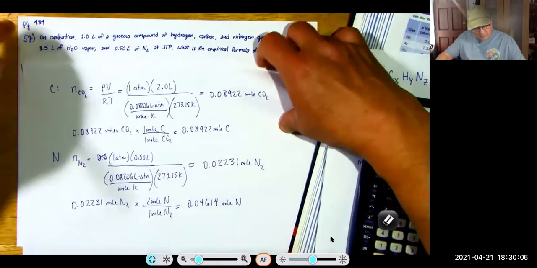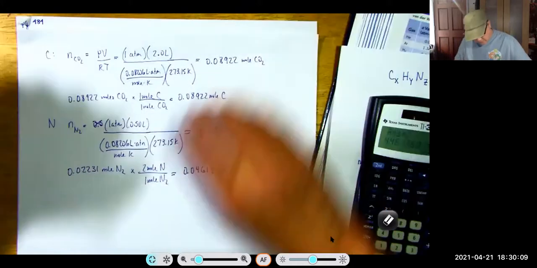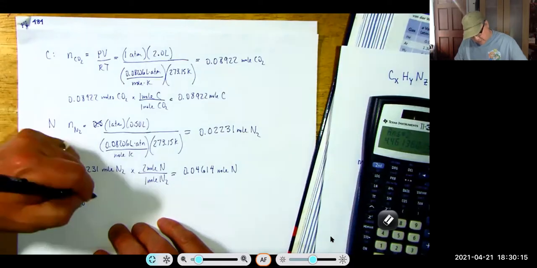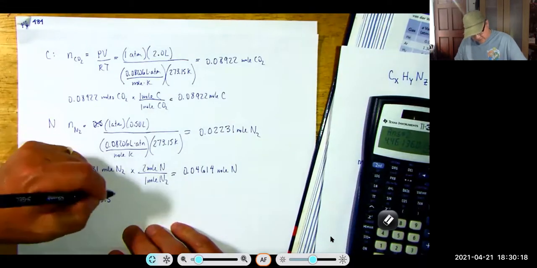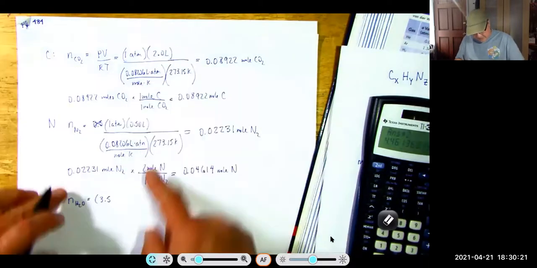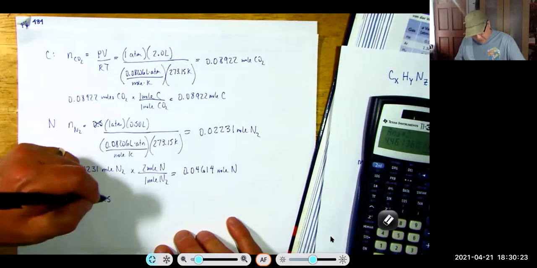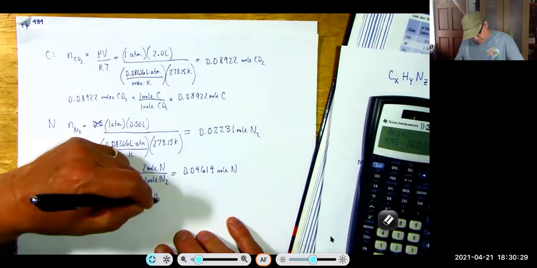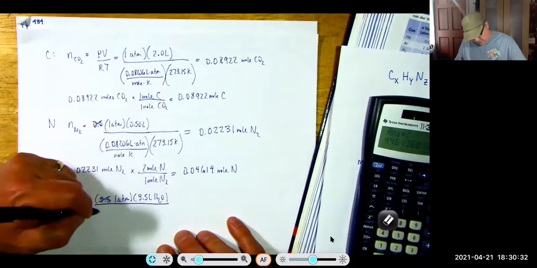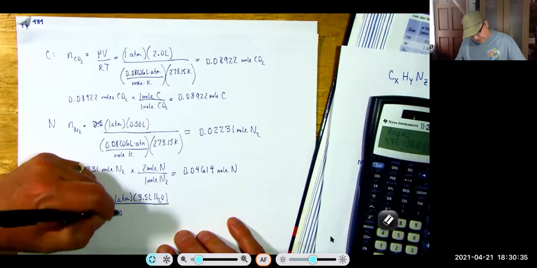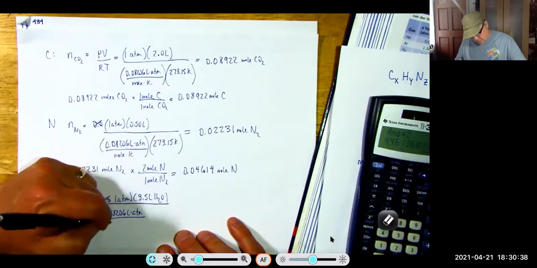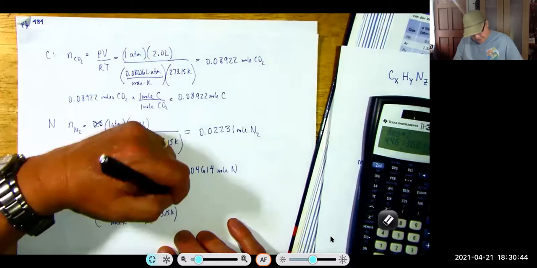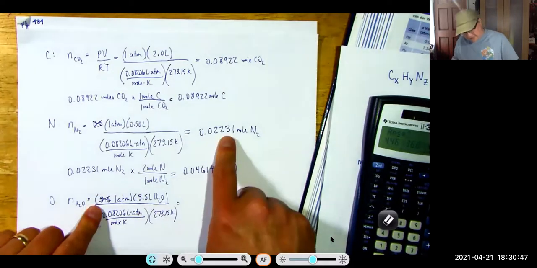So here we have 3.5 liters of H2O. So the moles of H2O are going to be, well, I should put this the same as I've done these other calculations. I should start off with 1 atmosphere times 3.5 liters of H2O over 0.08206 liters atmospheres per mole K, and times 273.15 K. Now this answer should be 7 times greater than that answer.